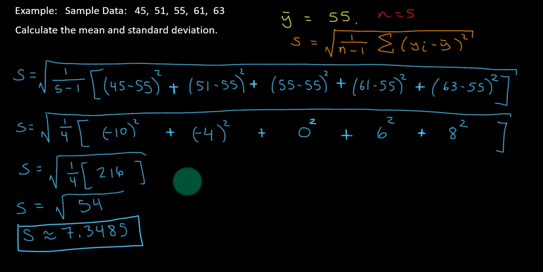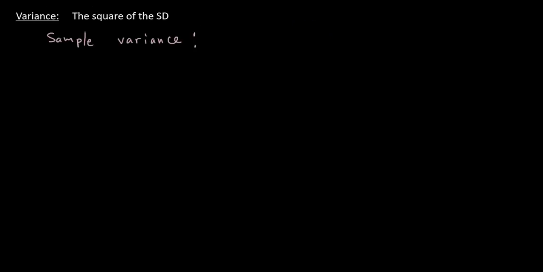All right, we've done a bunch in this video so far, but we've got one more concept to discuss, and that is variance. We will not be using variance a lot in our course, so I will keep this brief. And I will only show you the sample variance. It's just the square of the standard deviation.